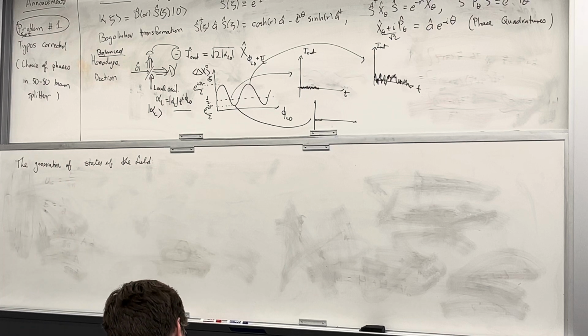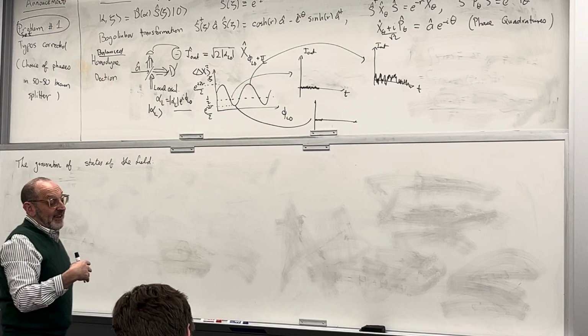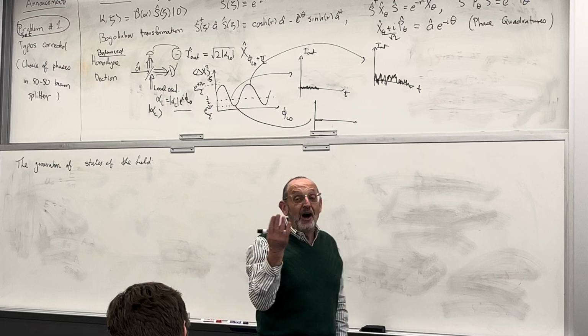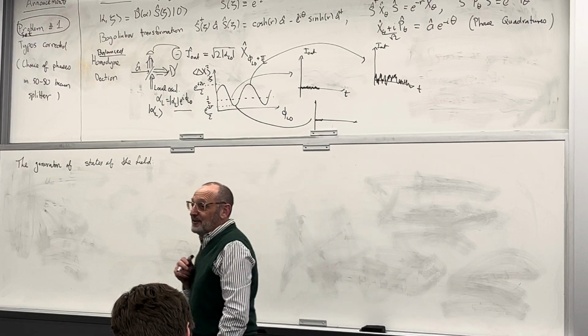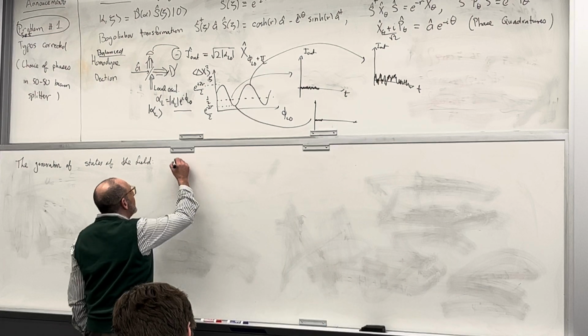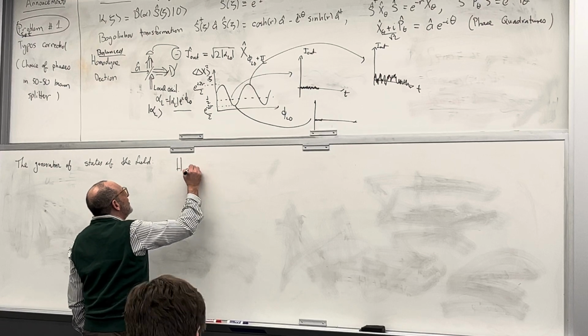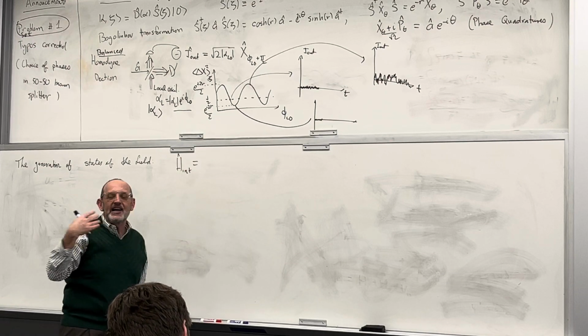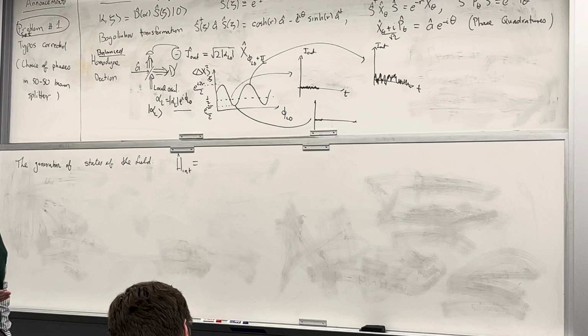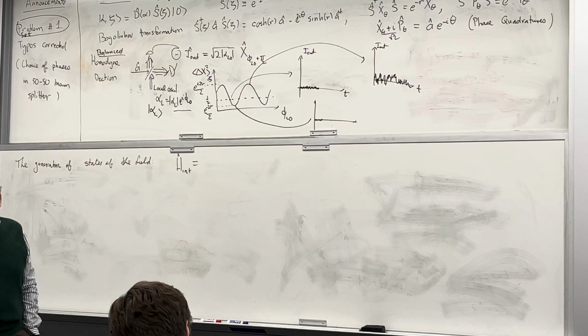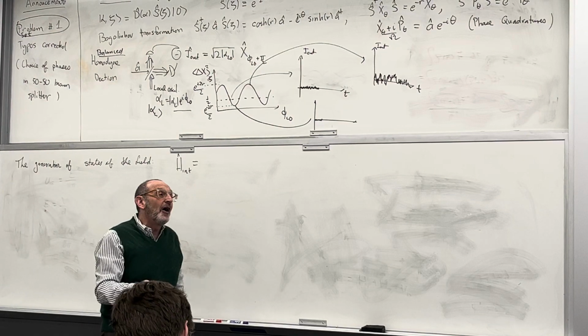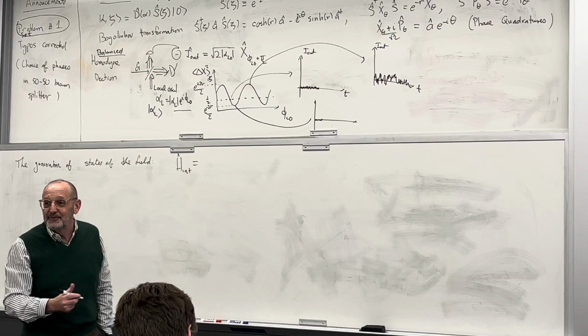So the fields are generated, they're radiated by currents. So the fundamental interaction Hamiltonian of quantum electrodynamics is the coupling of the current to the field, right?